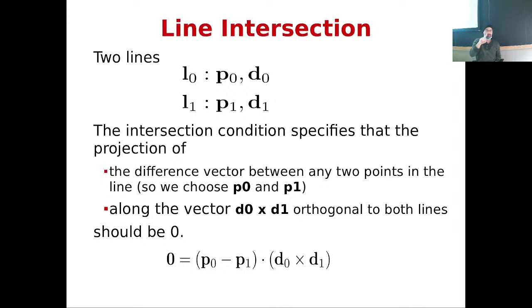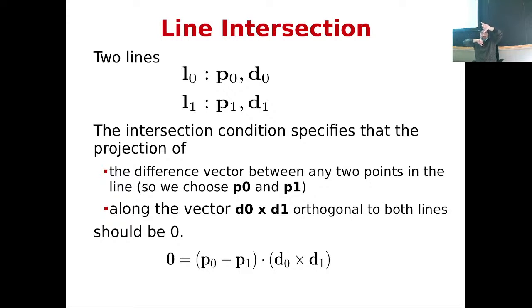It is obtained by the cross product between D0 and D1, because the cross product between two vectors returns a vector which is orthogonal to both. So I have this direction, which is basically the direction on which the distance between the two lines is smallest.